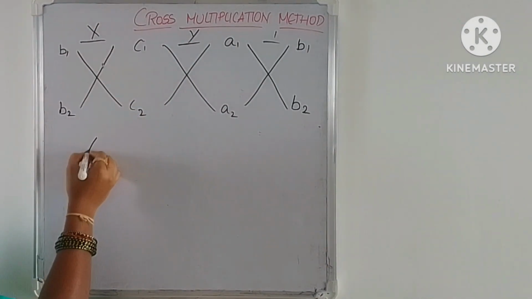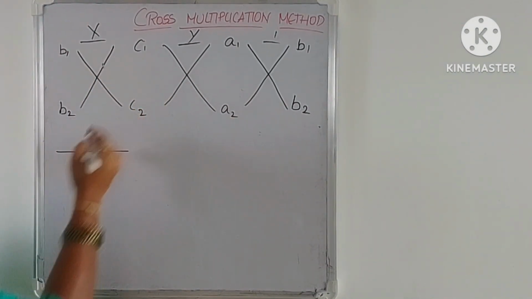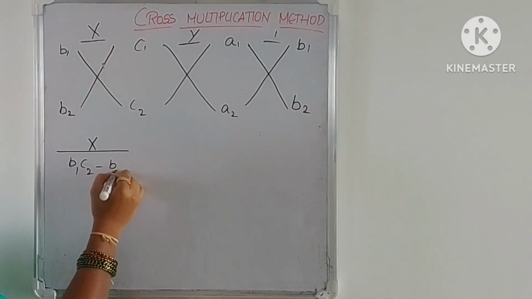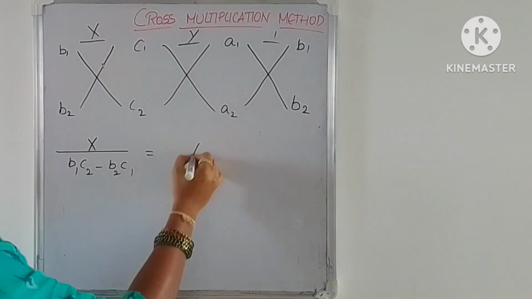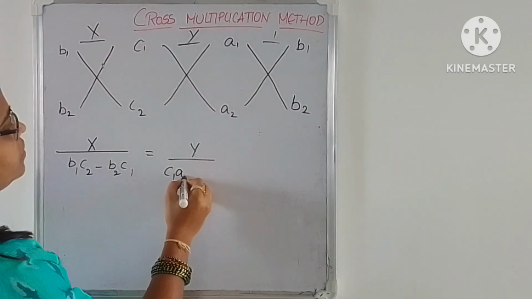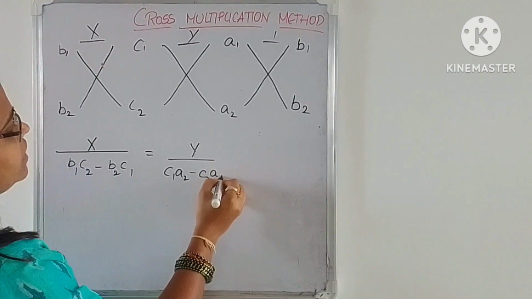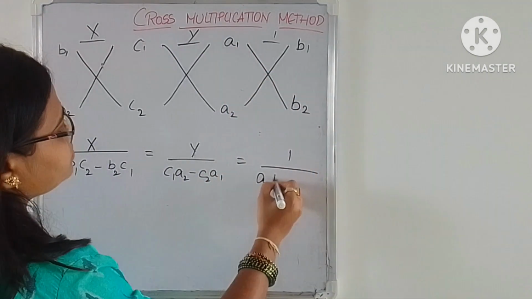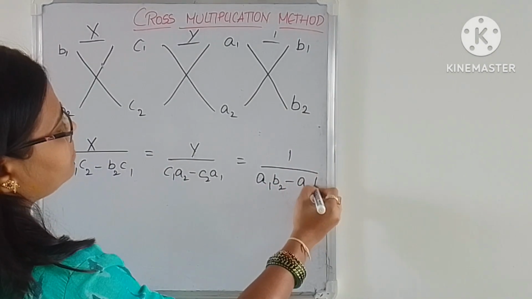Now x will be b1 c2 minus b2 c1, equal to y will be c1 a2 minus c2 a1, equal to 1 will be a1 b2 minus a2 b1.